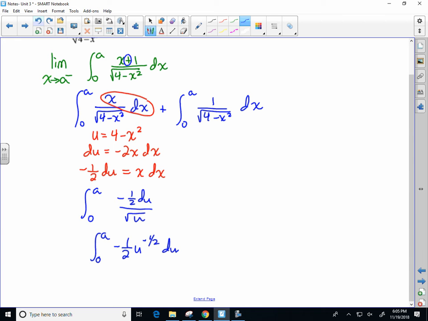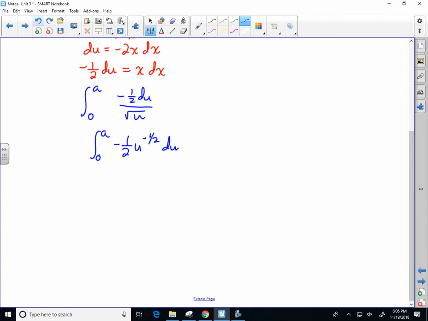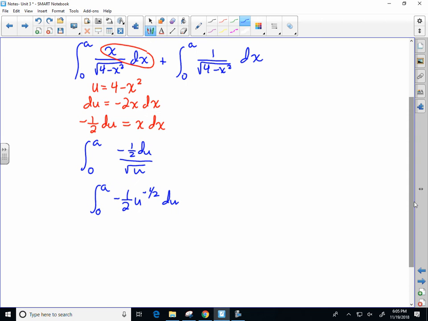The other part we'll worry about in a sec. So that's another bridge we'll have to cross. But this is reverse power rule. So increase the exponent by 1, you get u to the 1/2. Divide by the new exponent, you get a negative 1. All right, reverse substitute. Unless you want to change your bounds, changing the bounds would introduce a new upper bound of 4 minus a squared.